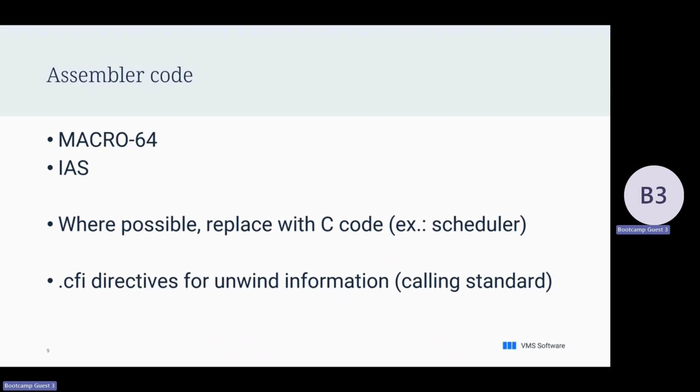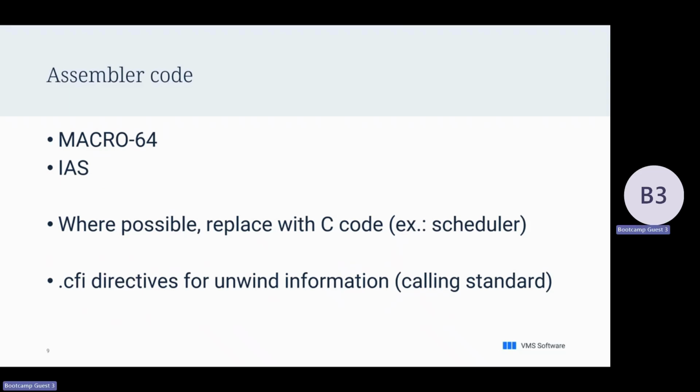I mean, we could still handle the code, but it could be pretty meaningless. But if you have Macro-64 or Alpha assembly source files, or if you have IAS assembler files for Itanium, those are not going to run on x86. We can't compile them.